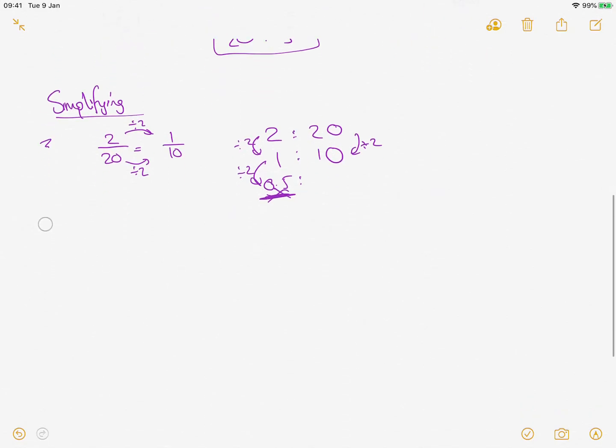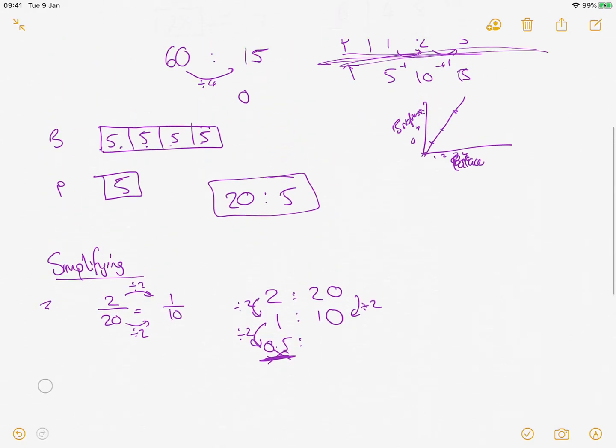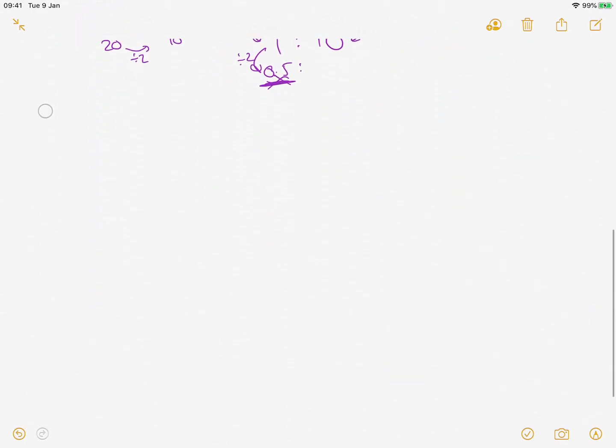So I'll just have a go at another one just to show you this. Let's go for 80 to 20. So I'll do it and then I'll come up with one for you to have a go at. 80 to 20, well, I can see immediately they're both multiples of 10, so I'm going to divide by 10 straight away. And that'll get me 8 to 2.